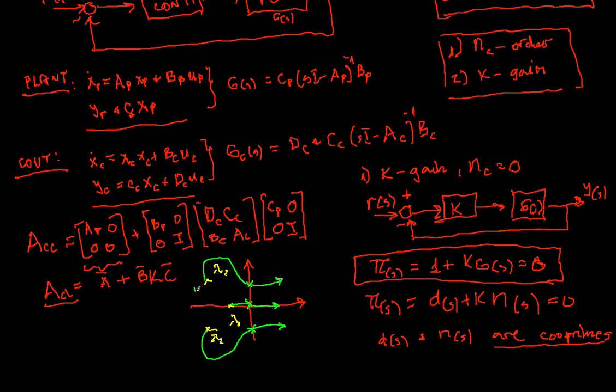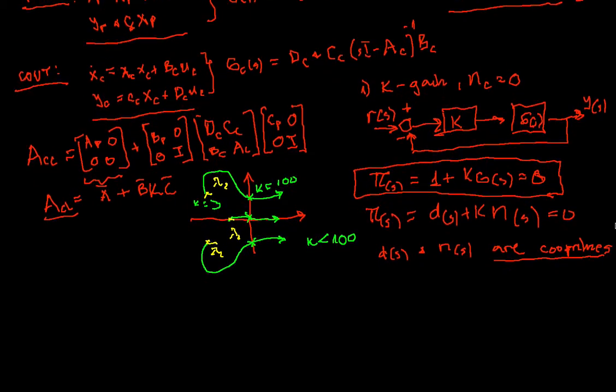So if this is for k equal 3, for example, this can happen for k equal 100. Therefore, obviously, we know that the gain has to be less than 100 in order to keep the distribution of the eigenvalues in the left side of the complex plane.